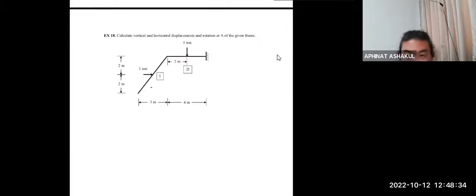Here is 0, so probably no work anyway because there's no load. So even if we want to calculate vertical and horizontal displacement and rotation at A, where's A? I think it's there.